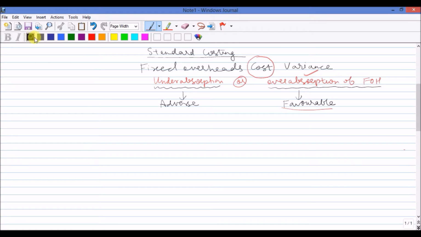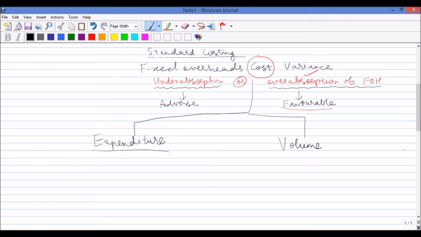Now the next part we are going to study is that the fixed overhead cost variance is divided into two parts. One is called the expenditure, and the other part is called the volume. I'm not going much deeper. We will be able to understand it once we are in the sum. So one is the expenditure and the other is volume.